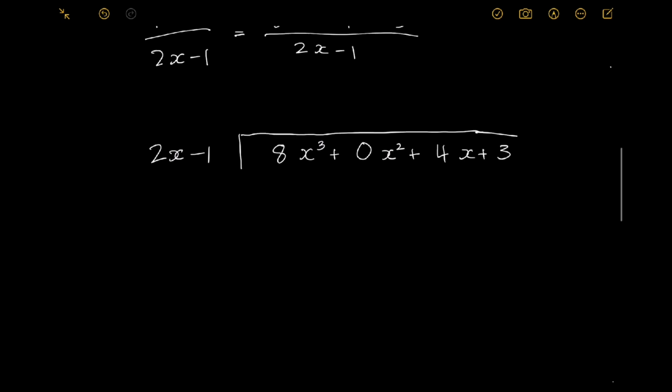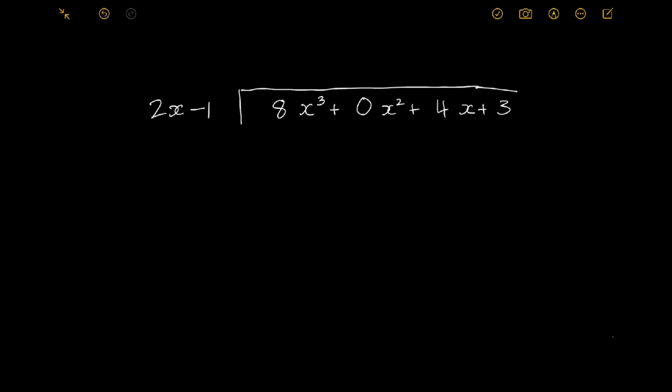So how do we do this? Let's see, 2x in front and then 8x to the power of 3. What we're going to do is make the 2x become 8x to the power of 3. Therefore we need to multiply 2x by a number, which is 4x squared.